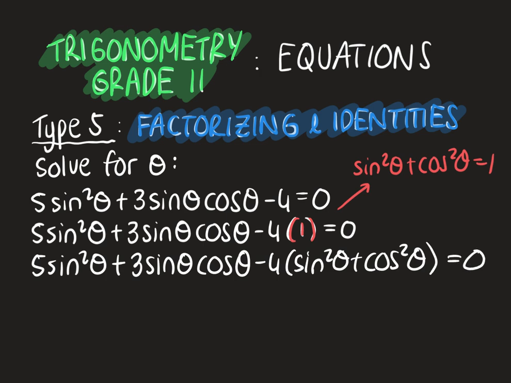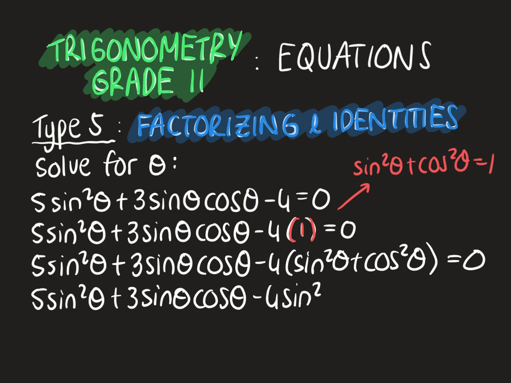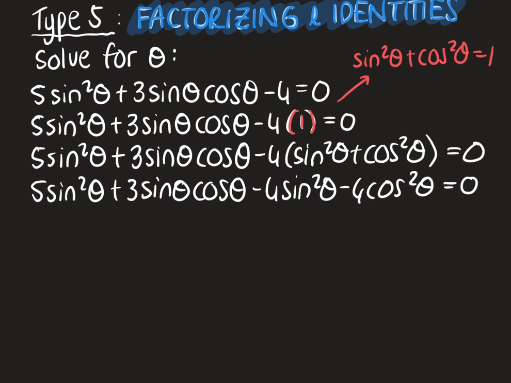Okay, so now we need to times that minus 4 in. So 5 sine squared theta plus 3 sine theta cos theta minus 4 sine squared theta minus 4 cos squared theta equals 0. Okay, fantastic. Now that we've gotten to that point, do we see that we have like terms here? Yes, we do.